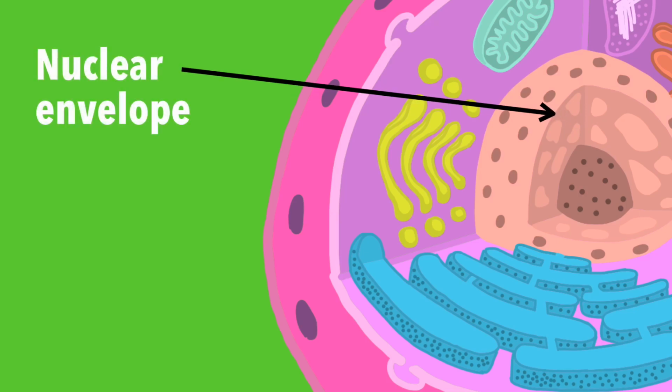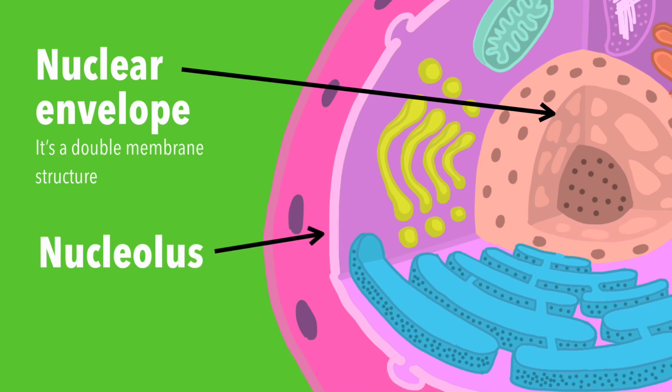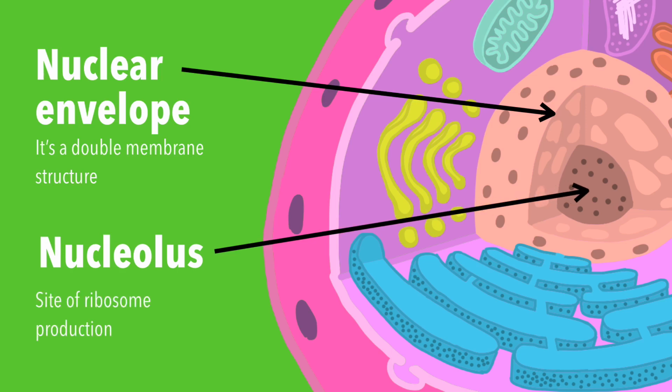As it is, the nucleus also contains a membrane called the nuclear envelope. The nuclear envelope is a double membrane structure. There is another structure called the nucleolus. It is a very specific part of the nucleus because it is the site of ribosome production. But the nucleolus doesn't contain chromosome.